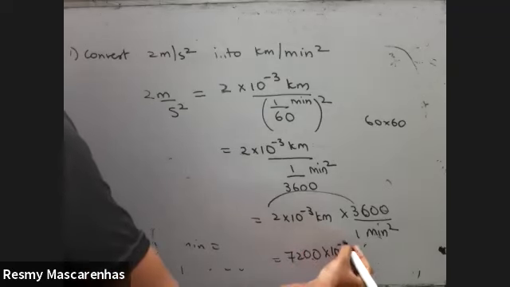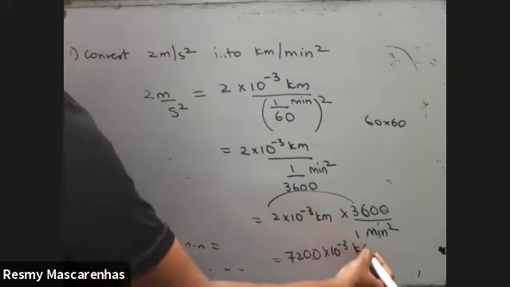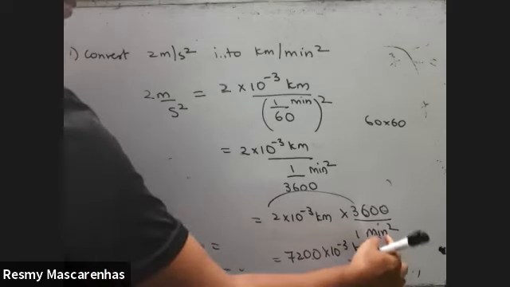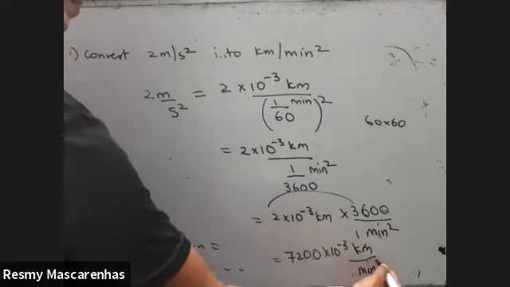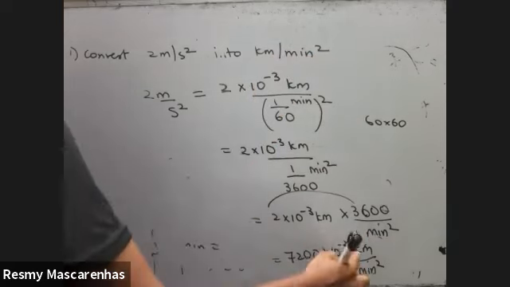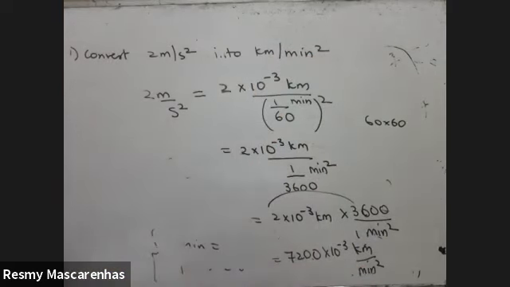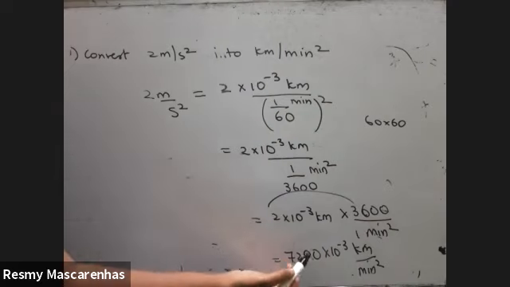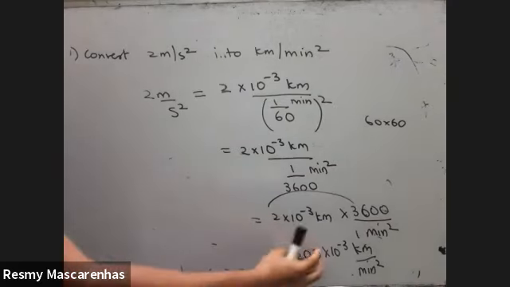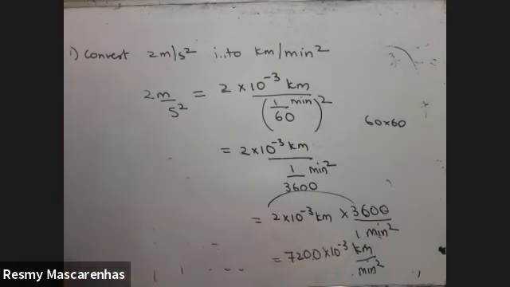So at the end, kilometer is on top. Already got kilometer per minute square. 10 raised to minus 3 means you can shift 3 decimal points this side. You have to make the value small. Minus means whenever you're multiplying by a minus power, you're reducing the value.